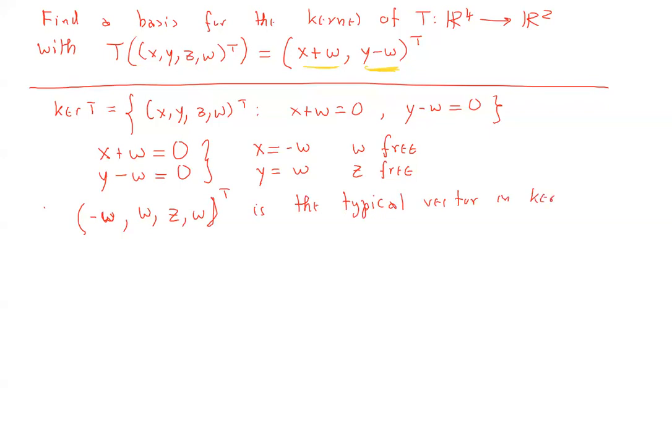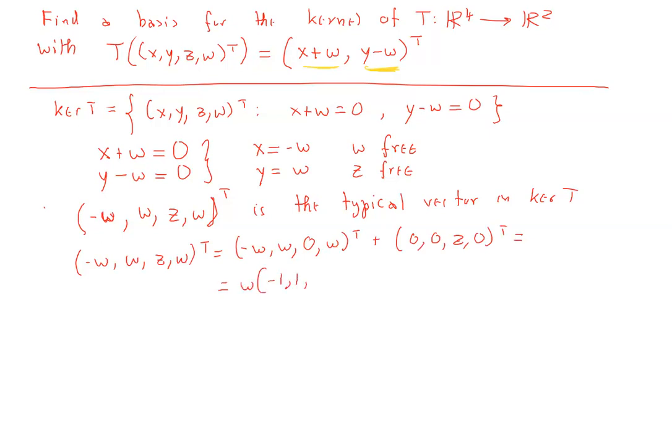From this point on, it's the same process that we described before. Nothing changes. So you take this and you separate the w's from the z's. And this is w times (negative 1, 1, 0, 1) plus z times (0, 0, 1, 0).